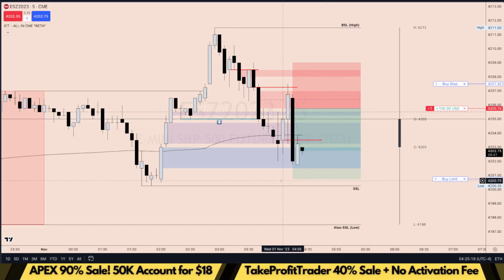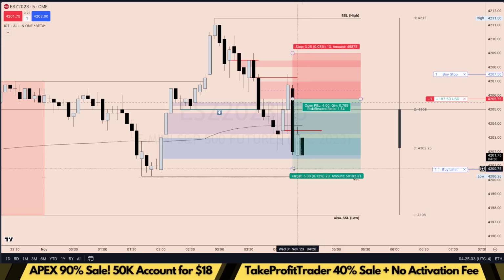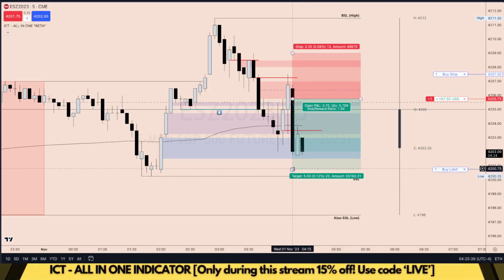With Apex, yes, the challenges are cheap initially. You barely spend anything at all. But once you're funded and you pass the challenge, you have to pay the activation fee, which differs by account size. If you go for a 250k account, you have to pay, I think, like $200 or $250 only for the activation fee, and it's company-wise very smart. Sell the challenge very cheap. People treat it like scratch tickets. Most of them don't know how to trade consistently profitable.